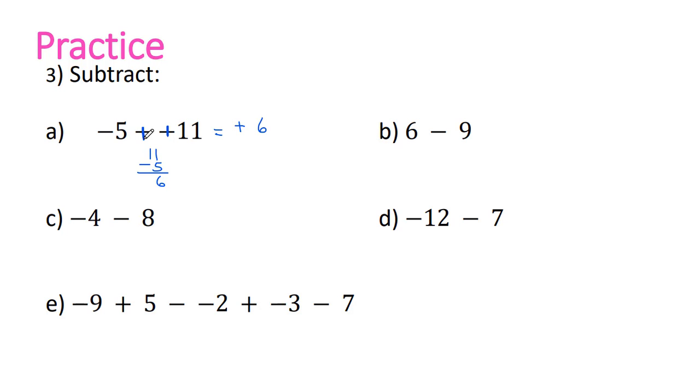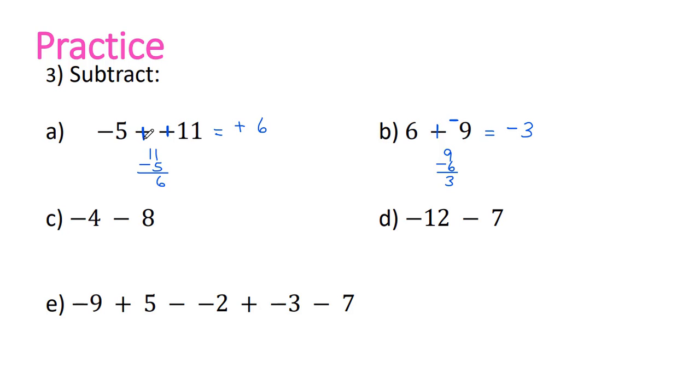For b, we have 6 minus 9. I'm going to change subtraction to adding and change the positive 9 to a negative 9. 6 plus negative 9 means that this answer will be negative, and 9 minus 6 is 3. So our result will be negative 3.